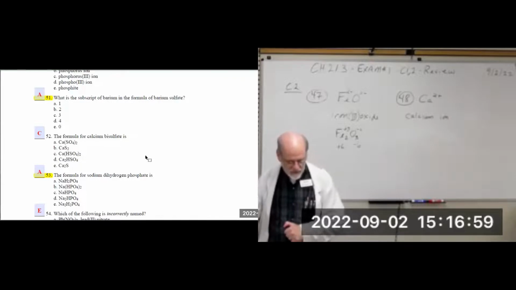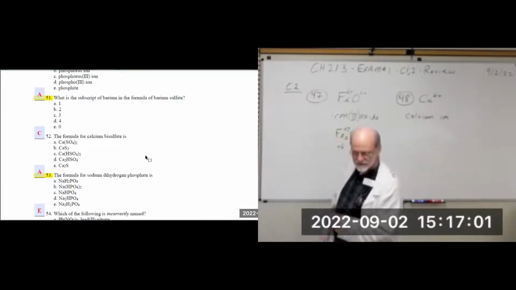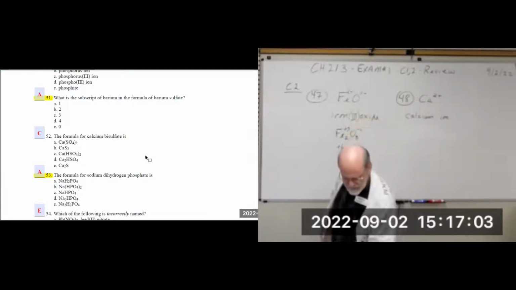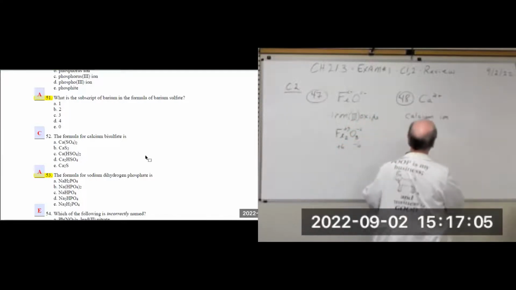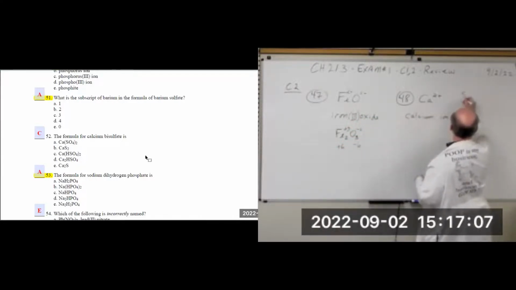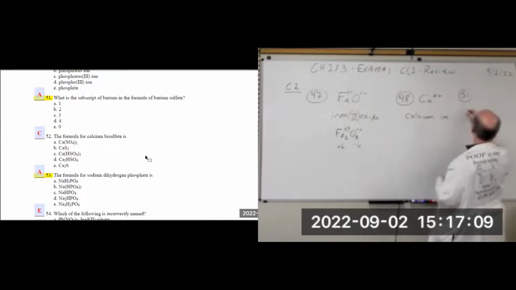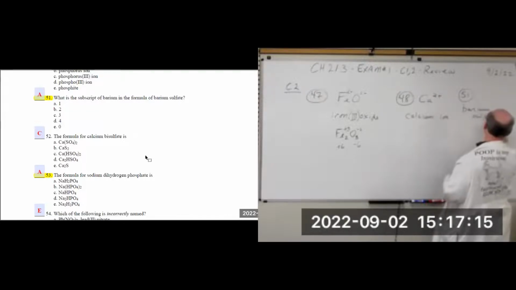What's the subscript of barium in the formula of barium sulfate? This is 51. Barium sulfate. Barium, we know, would be an element.